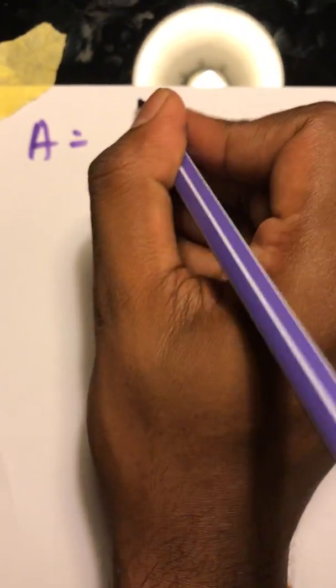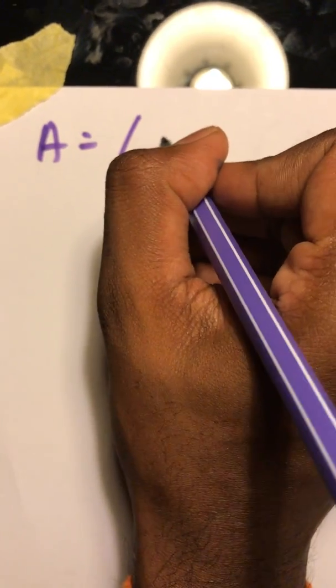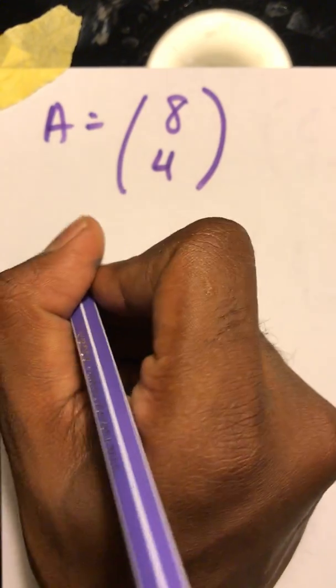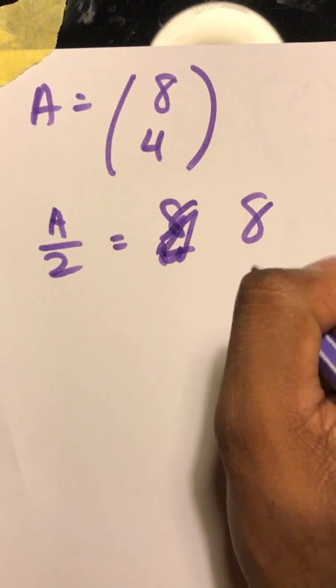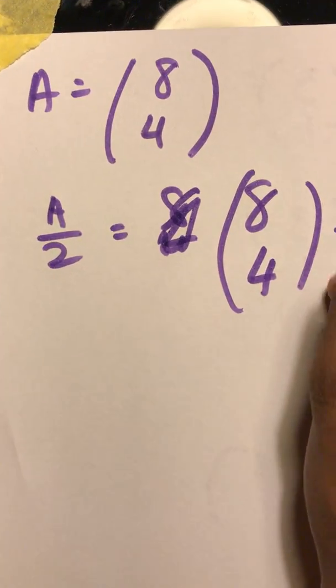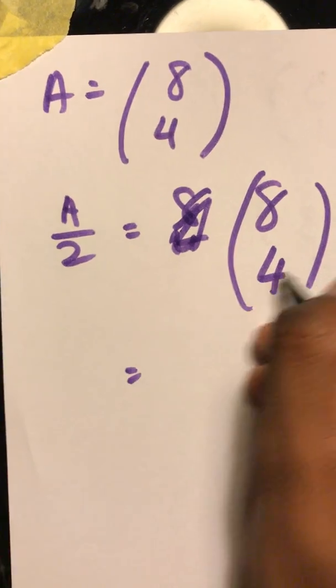We only cover multiplication in terms of a constant. What do I mean by constant? Let me write a different vector here so it's easy to do some operations. Let's say I have a vector a of 8 and 4. Can you find a over 2? That means I want to divide by 2. You take this vector and divide each of them by 2.